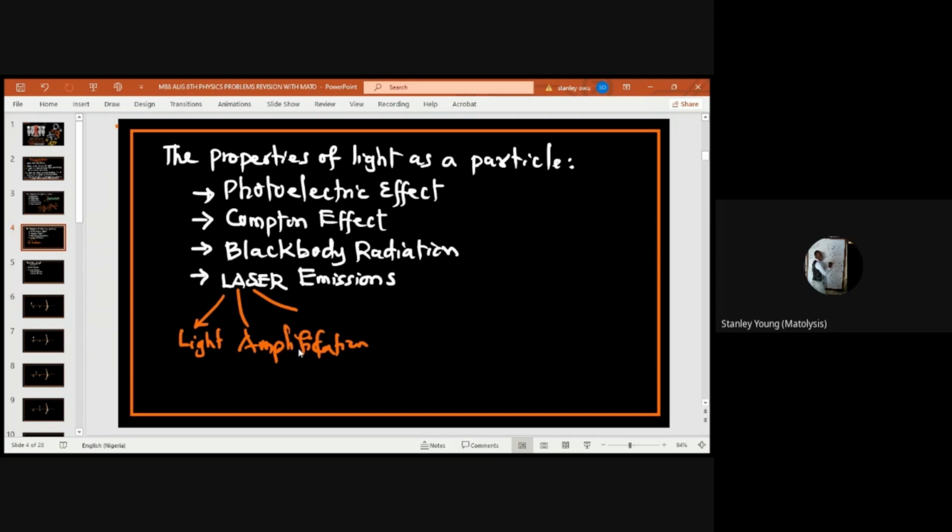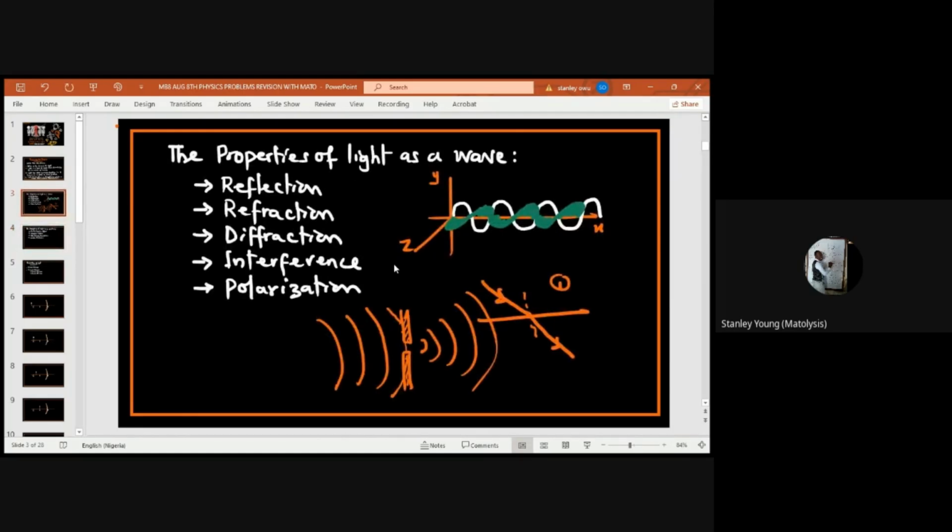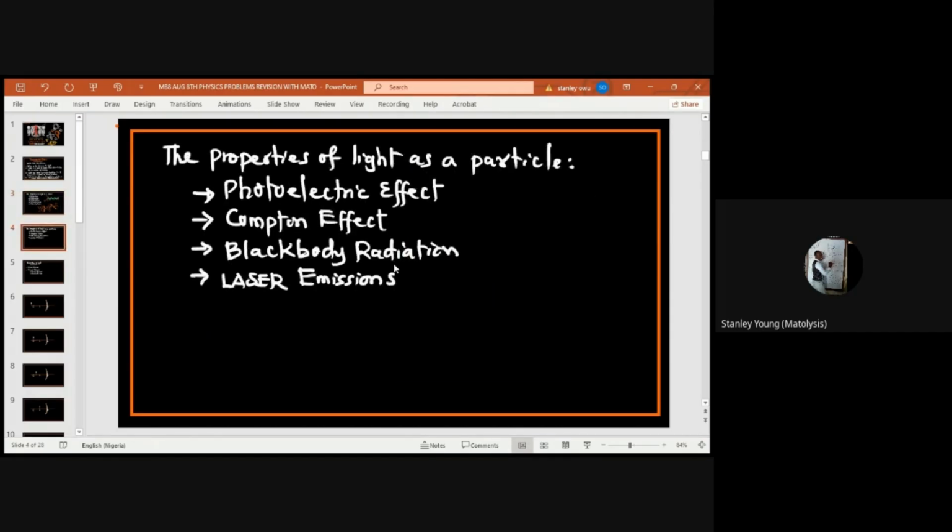So light amplification by the stimulated emission of radiation is what we call laser. So laser emission, because it involves photons and stimulated emission, is a particulate property. So in summary, these are the wave properties of light, and these are the particulate properties of light.